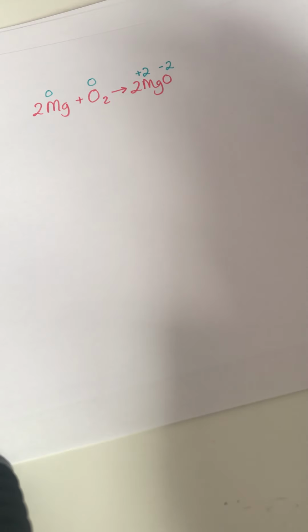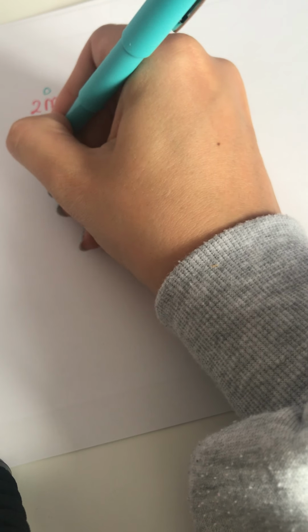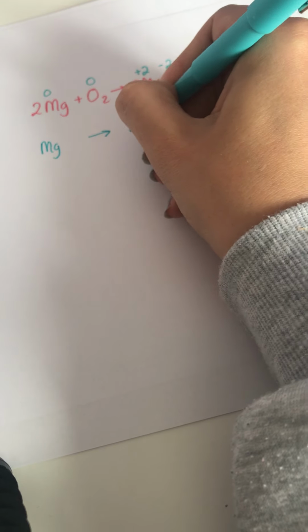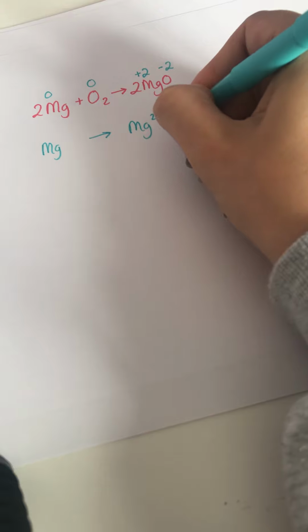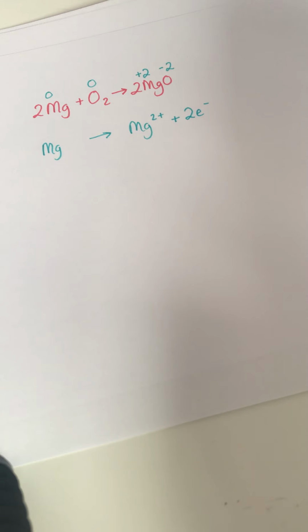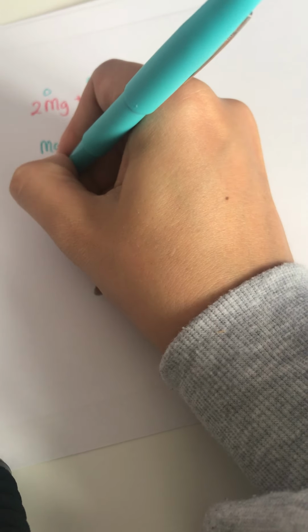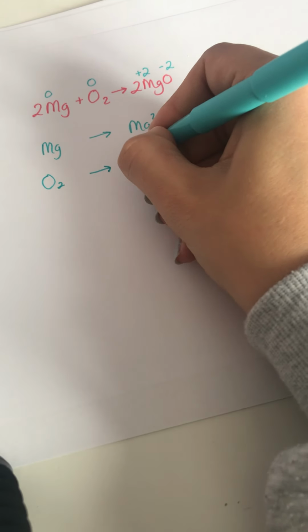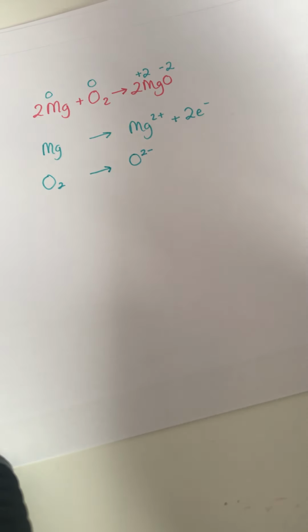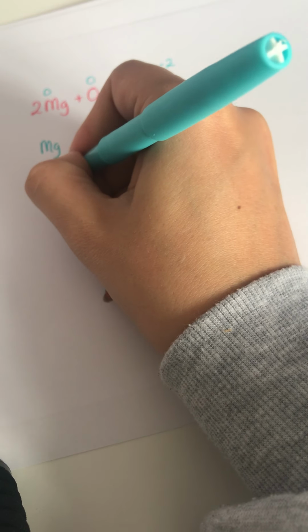So if I was to write my half equations here, what I'm going to have is magnesium becoming magnesium 2+, and it is losing 2 electrons. Oxygen, O2, becoming O2-, and it is gaining electrons.